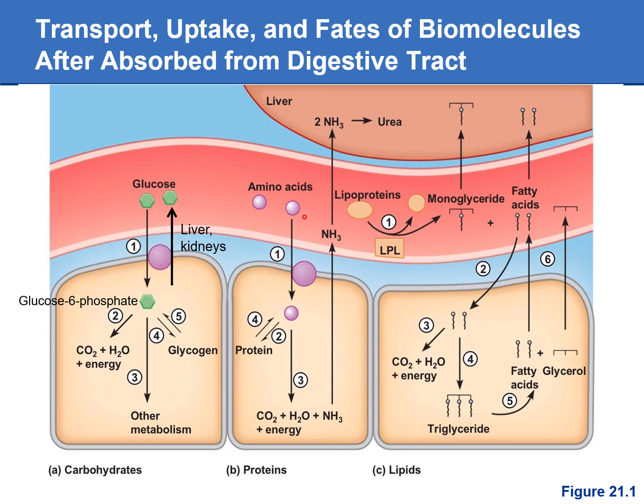Okay, next we have our proteins. So they're going to be transported in the blood as amino acids. Amino acids are hydrophilic, so they cannot diffuse through the cell membrane. So we're going to have a transport protein transporting them into the cell. And once they're into the cell, we can certainly break down the amino acids and make ATP with them, use that to do work.